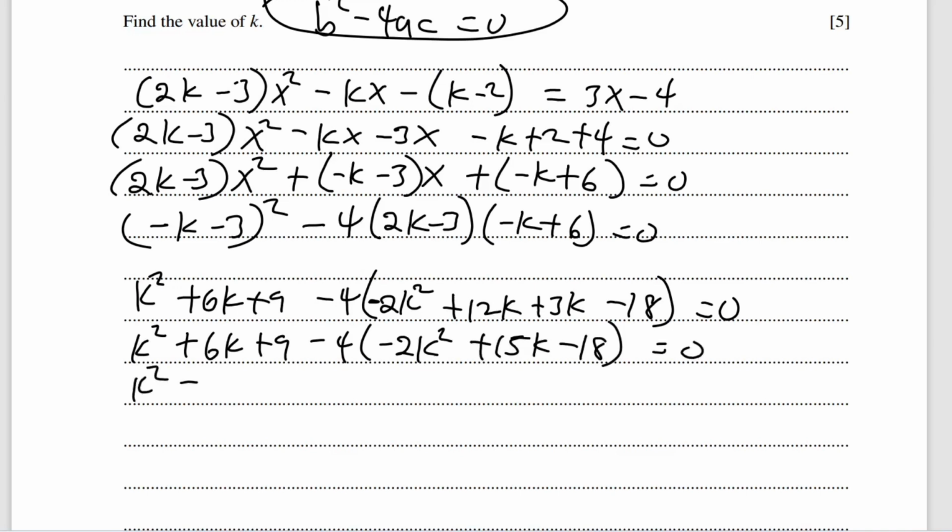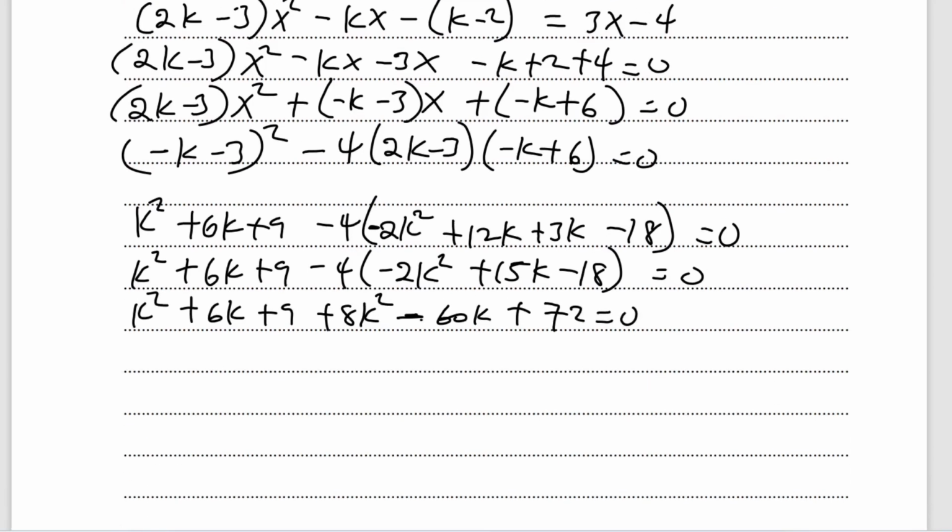So I can use that 4 to multiply or open up that bracket. Okay, and that's 60k. Actually, that should be negative 60k, and then plus 72 equal to 0. So I'm going to have 9k squared, and I'm going to have minus 54k, and then 9 plus 72, that's 81.